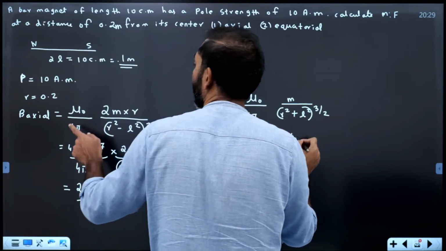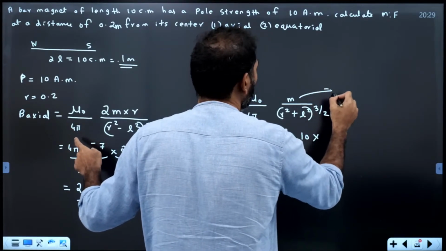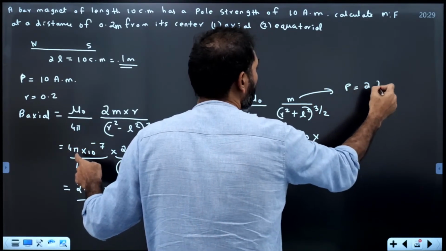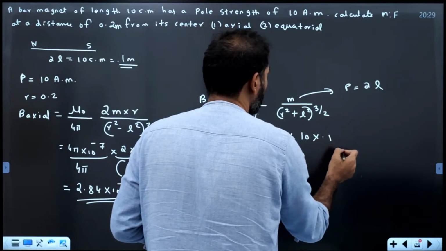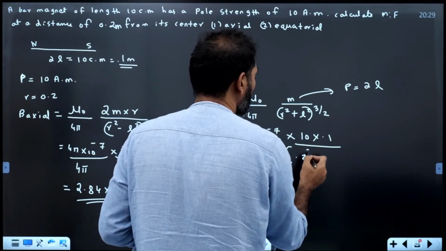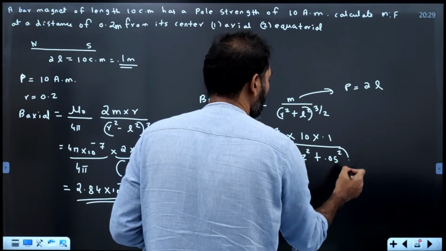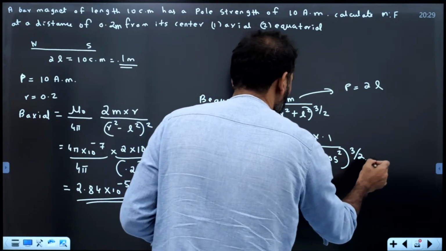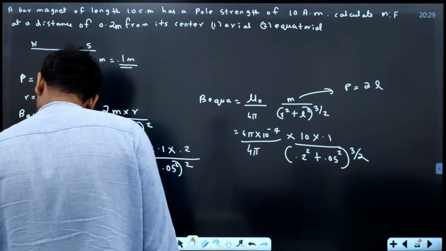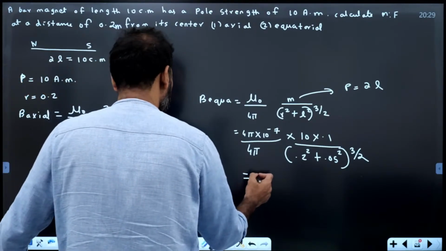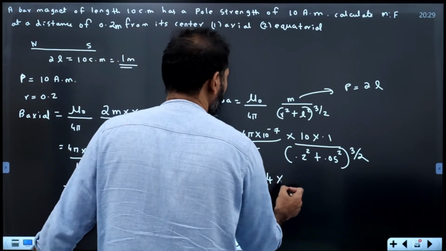Instead of M, I should write M equal to P into 2L. So P is 10, into 2L is 0.1, divided by R is 0.2 square plus L is 0.05 the square, whole raised to 3 by 2. If you substitute, you will get the answer. I am directly writing the answer: 1.14 into 10 raised to minus 5 Tesla.